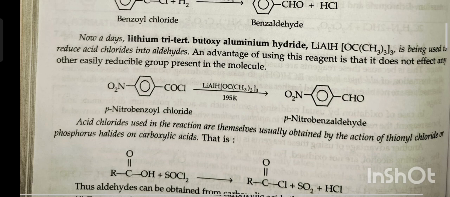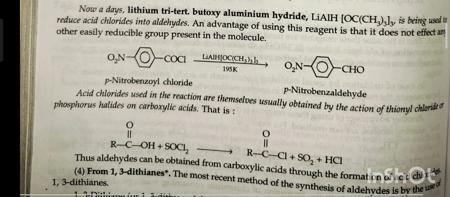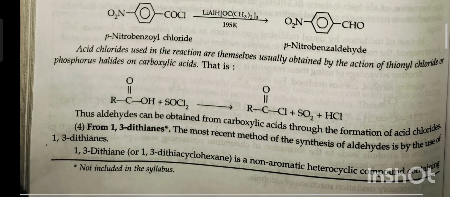For example, para-nitrobenzoyl chloride gives para-nitrobenzaldehyde. Acid chlorides used in this reaction are themselves usually obtained by the action of thionyl chloride or a phosphorus halide on a carboxylic acid. Thus, aldehyde can be obtained from carboxylic acid through the formation of acid chloride.